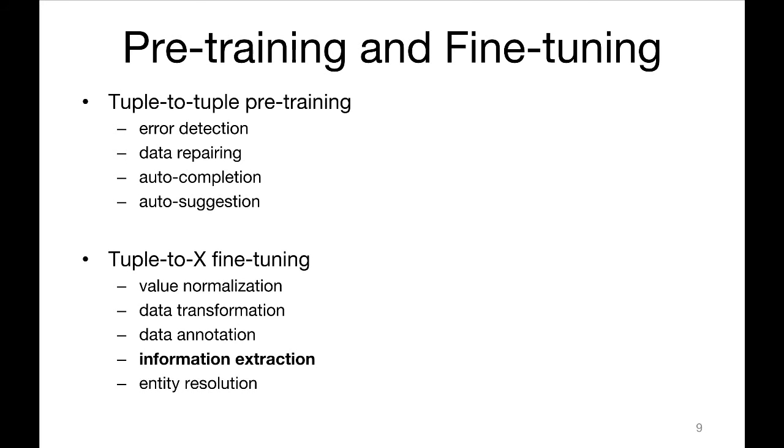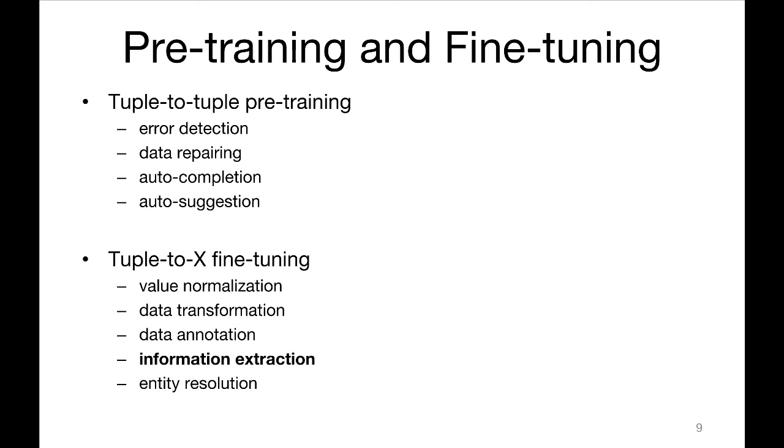The RPT with tuple-to-tuple pre-training can be directly used for several common data prep tasks, such as error detection, data repairing, auto-completion, and auto-suggestion. Moreover, the architecture of RPT provides the flexibility to be fine-tuned for different downstream tasks. That is, tuple-to-X.